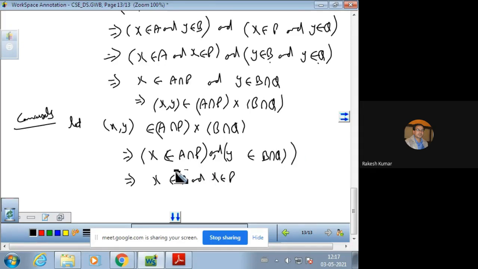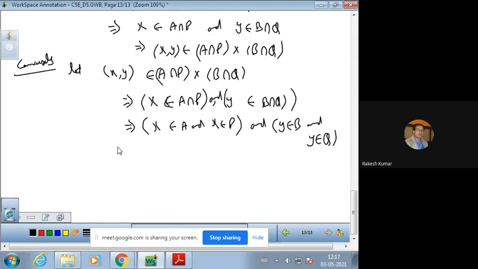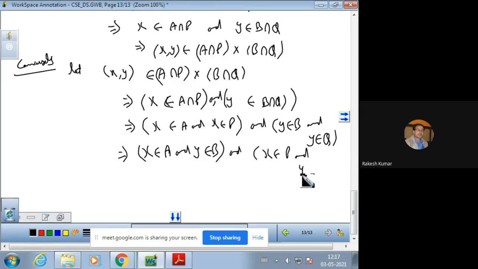So x belonging to A and x belonging to P, and similarly y belonging to B and y belonging to Q. Now we can take x belonging to A and y belonging to B here, and similarly x belonging to P and y belonging to Q can be taken here.